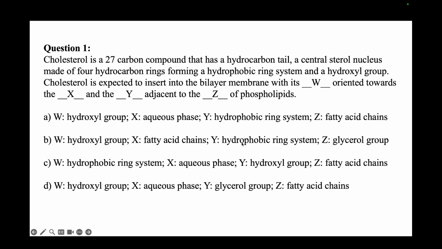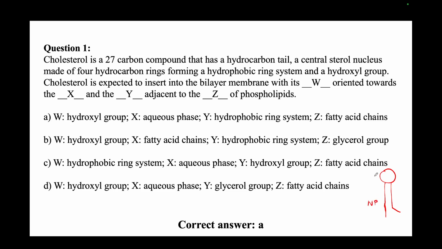So, if I just draw a diagrammatic representation of membrane, this would be the polar head group, and these are the fatty acid chains that are there, or the non-polar part. So, this is the polar part and this is the non-polar part, right?